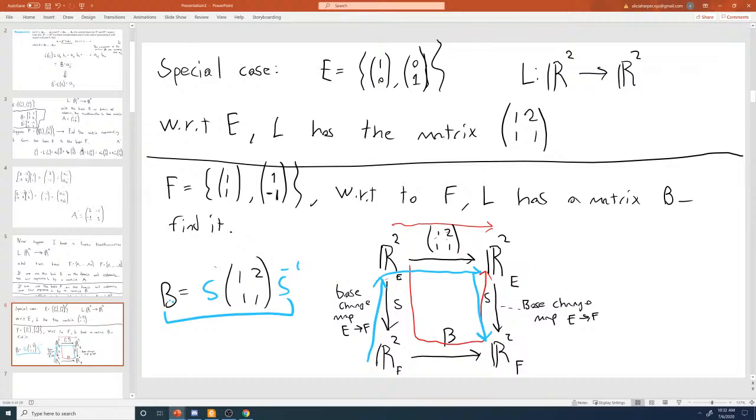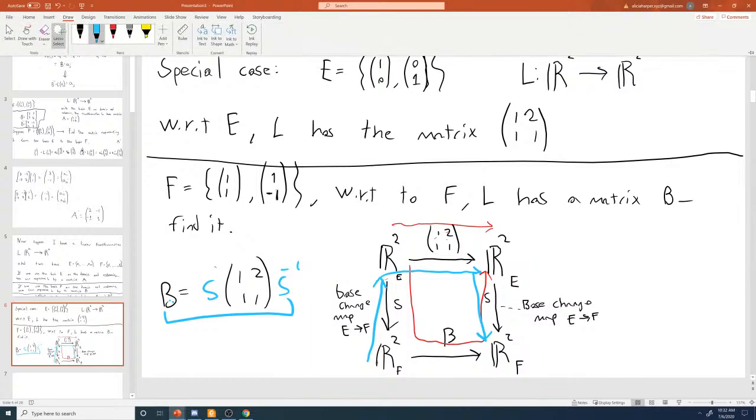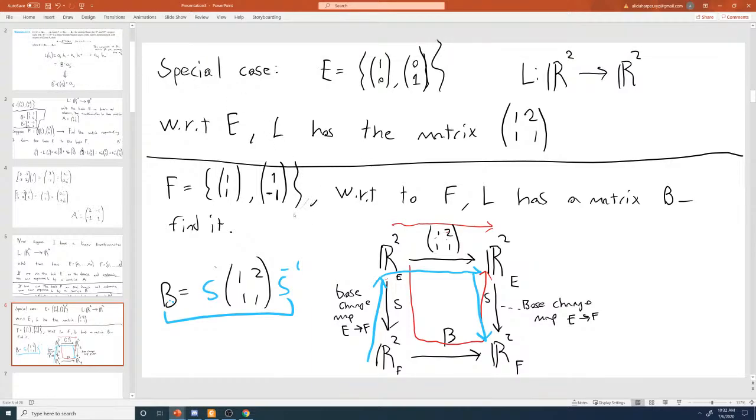And the only unknown quantity that I have to solve for to figure out B is I have to figure out what S is, the base change map. So let's do that. Let's take both of my bases and let's try to figure out what the base change map should be.